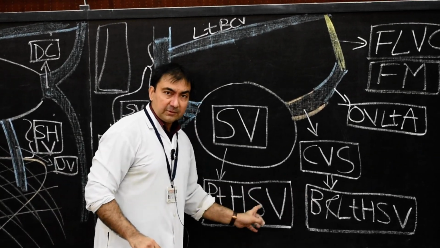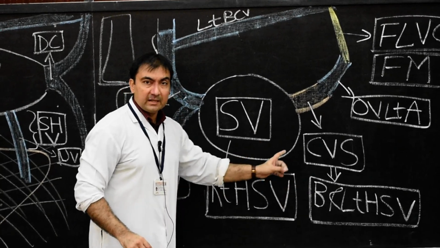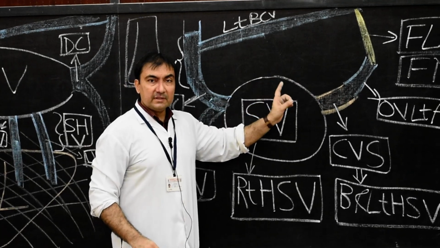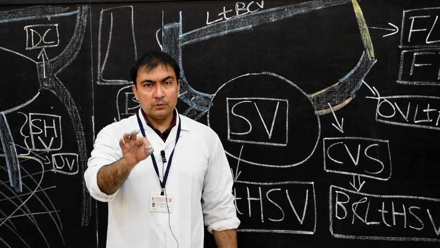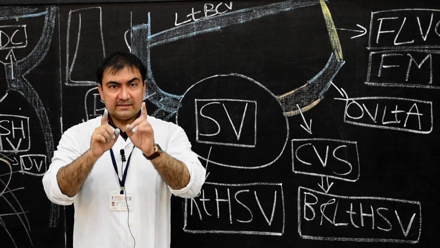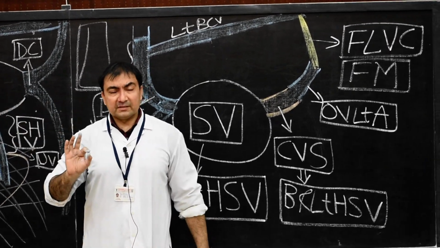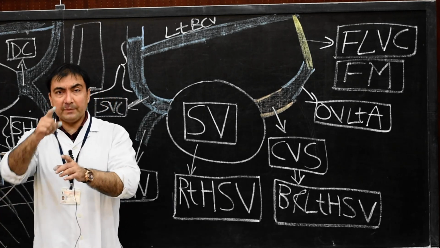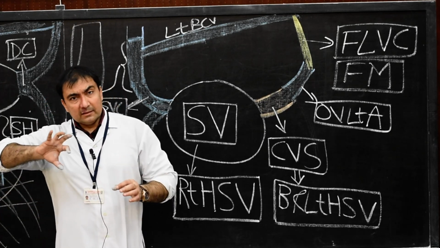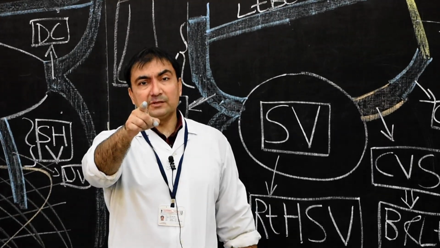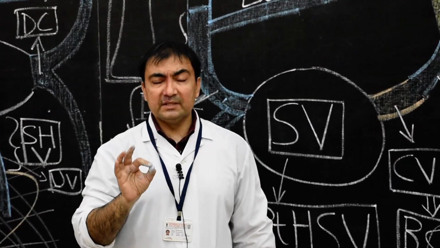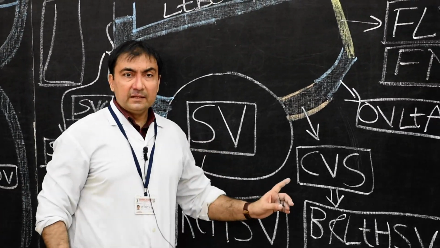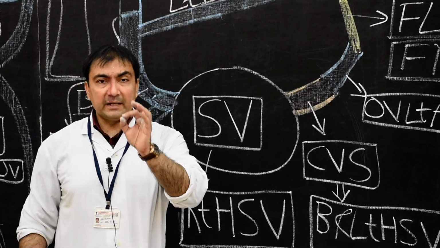In the third stage we have started with these 2 points about the body and left horn and the right horn, and then the remaining points which we have discussed. Therefore, now overall summary: because the entire blood is pushed from the sinoatrial opening into the right side of primitive atrium, the right horn of sinus venosus will develop into sinus venarum, or that is called the smooth posterior wall of right atrium.